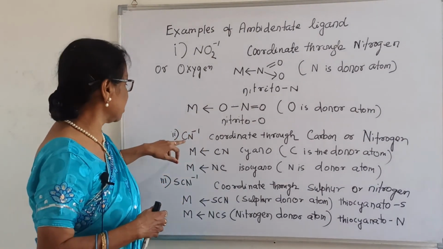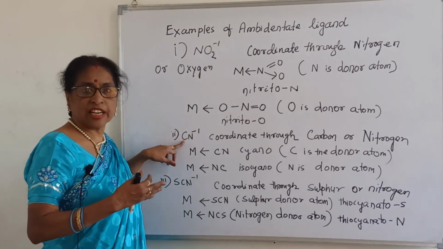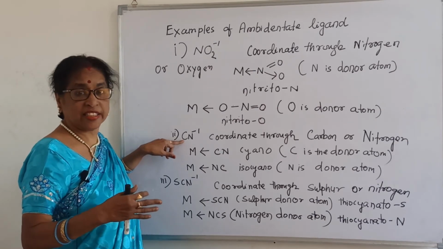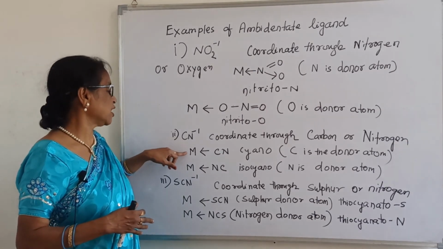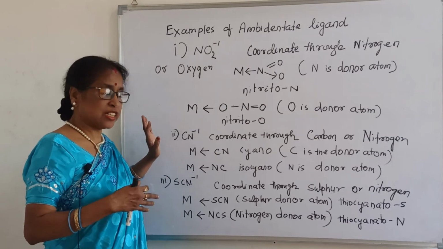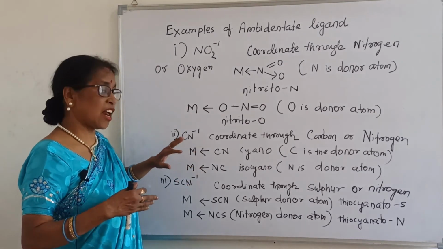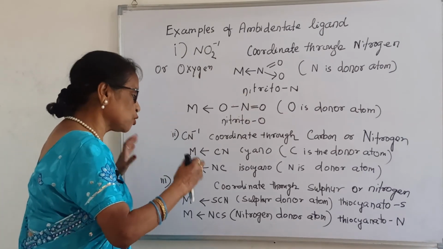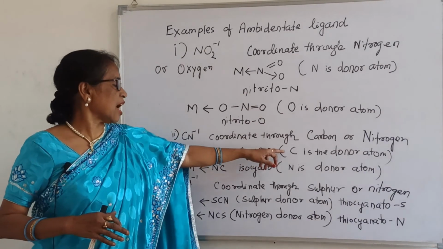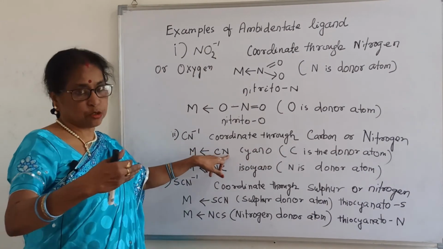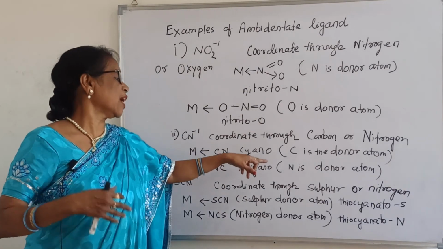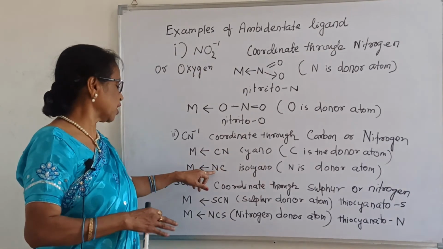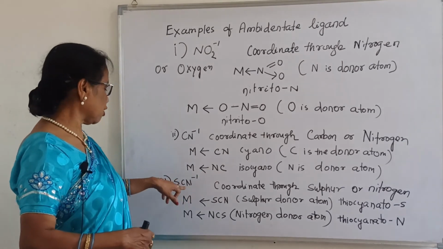CN minus is called cyanide in inorganic chemistry. If C is attached to the central metal atom, it is called cyano. If N is attached to the central metal atom, it is called isocyano. That means carbon is the donor atom in one case because it is towards the central metal atom, and nitrogen is the donor atom in the other because nitrogen is towards the central metal atom.